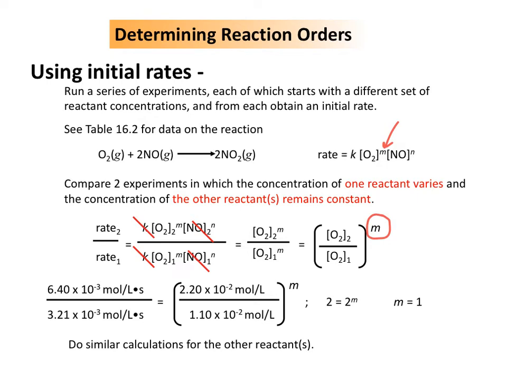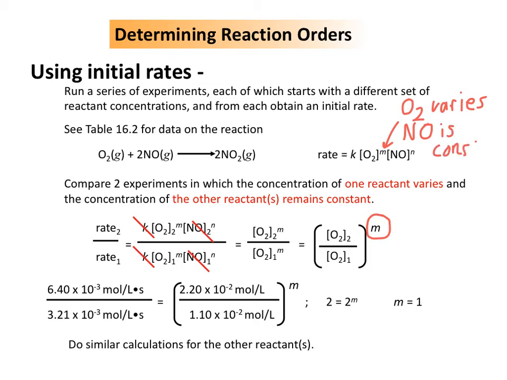If we want to find the order of the reaction with respect to oxygen, or find M, then we need to find experiments where O2 varies and NO is constant.